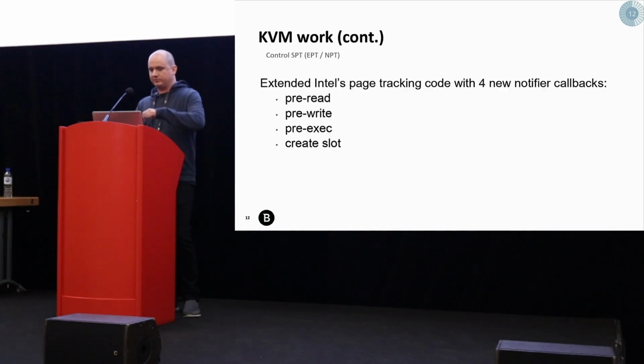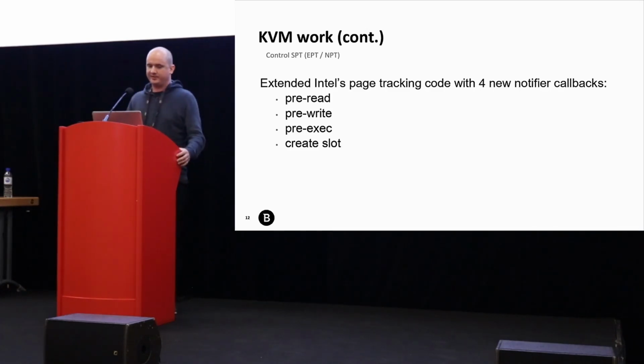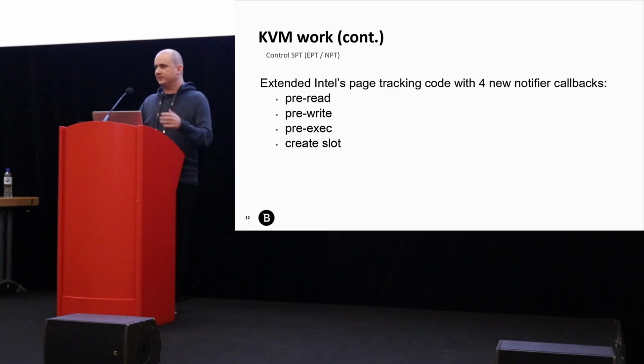So regarding controlling the EPT permissions, as I said, there are various parts in KVM which do their own adjustments to EPT depending on what they need. We decided to use a feature from Intel, which is page tracking. Intel uses it for virtualized GPUs.